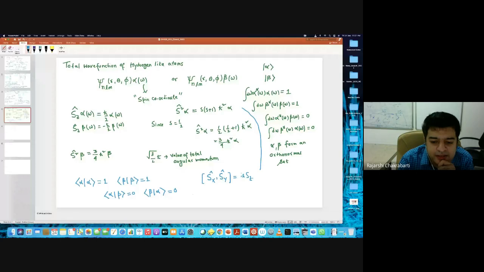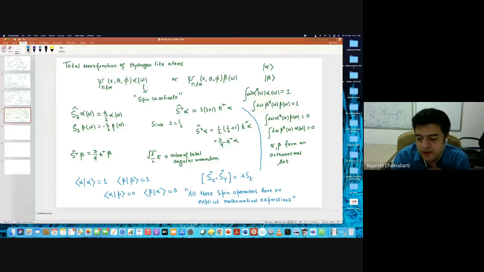But one thing you must have noticed, that all these spin operators have no explicit mathematical expressions. Did you notice that?